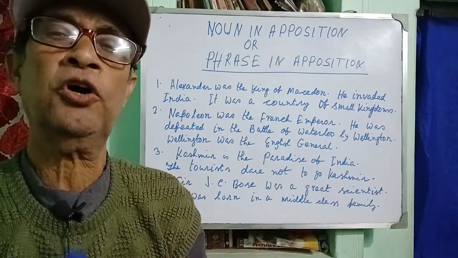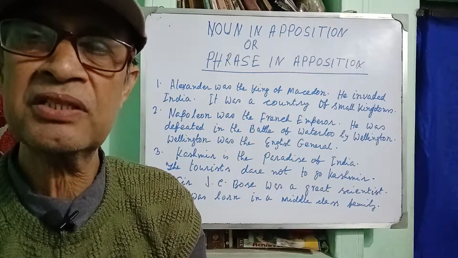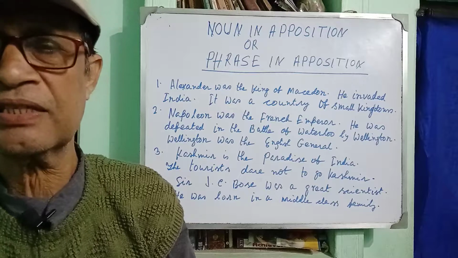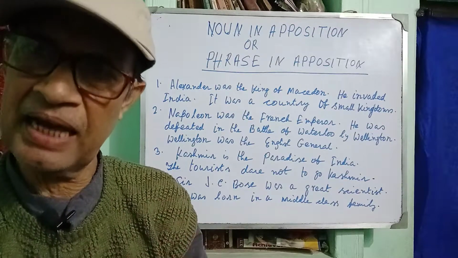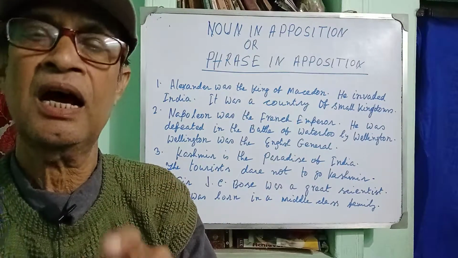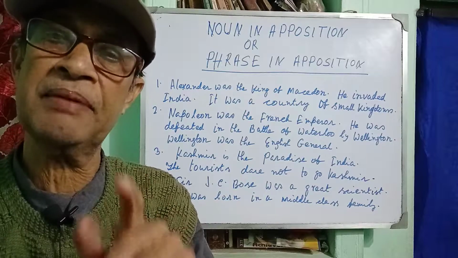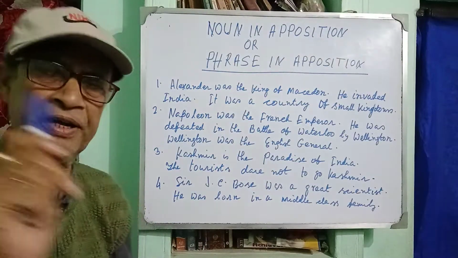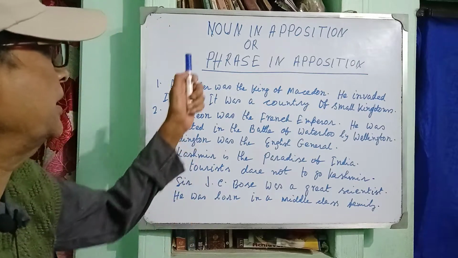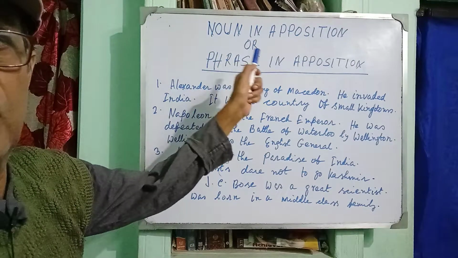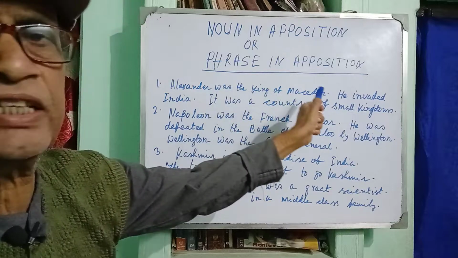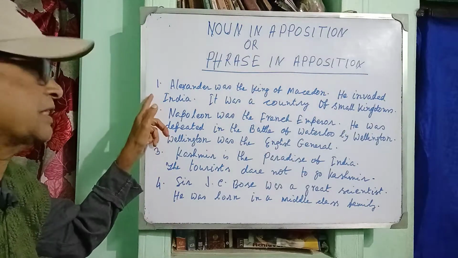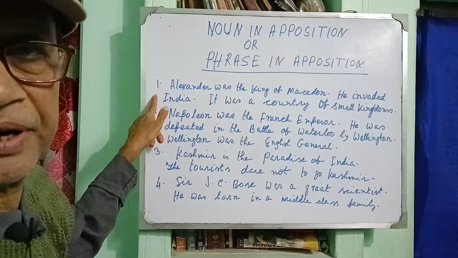Clear? So, apposition means side by side. A noun and a noun phrase sit side by side to suggest the same person or the same object. Clear? Now, let us come to the point. Joining of sentences by using noun in apposition or phrase in apposition. Clear? First example that I have written on the board.